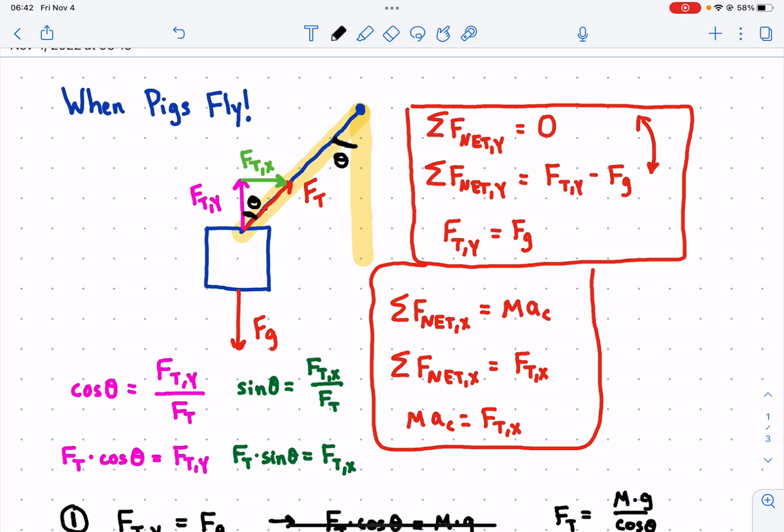I'll remind you guys that if you are going to grab the length of the string, this triangle, you need to be careful about the lengths when you go directly from one part to the other.